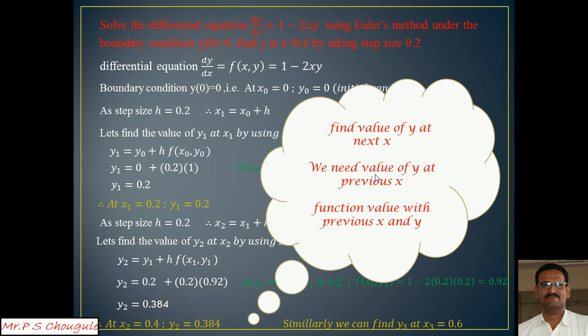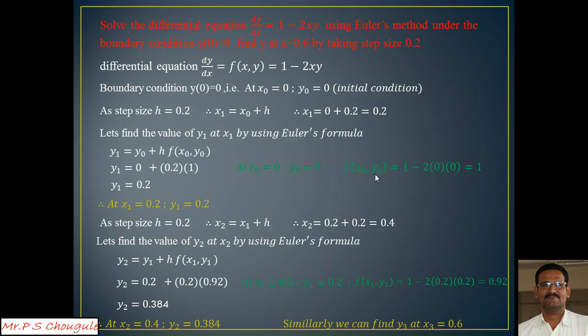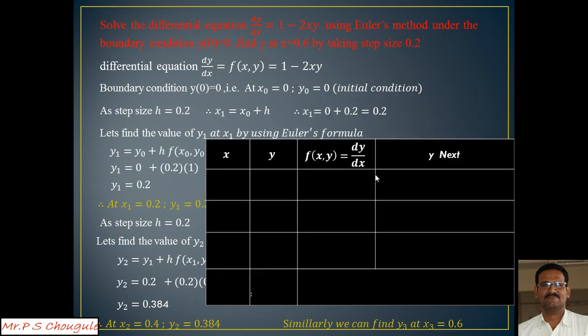So keeping this in mind, let's form a tabular form. In the table we need to write x, y, f of x, y, which is nothing but the slope dy upon dx, and we will get y next, meaning the next value of y.